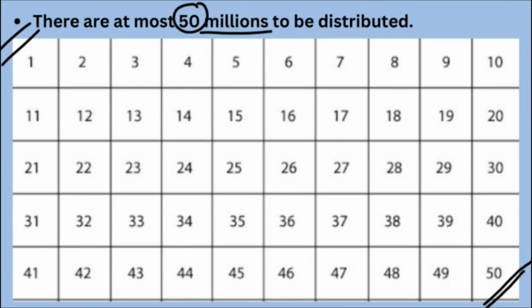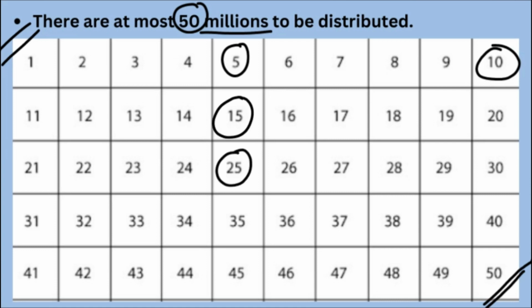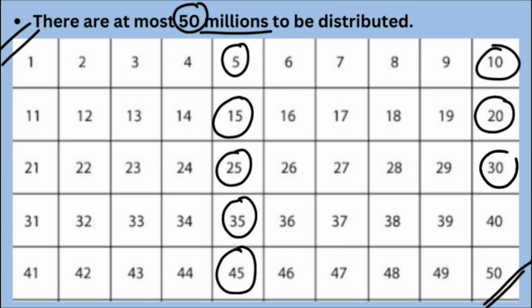Those numbers only are to be taken as the value of x. If you can see, 5 ones are 5, 5 twos are 10, 5 threes are 15, 5 fives are 25, 5 sevens are 35, 5 nines are 45. All the numbers are divisible by 5, meaning they are all multiples of 5. 5 eights are 40, 5 tens are 50.